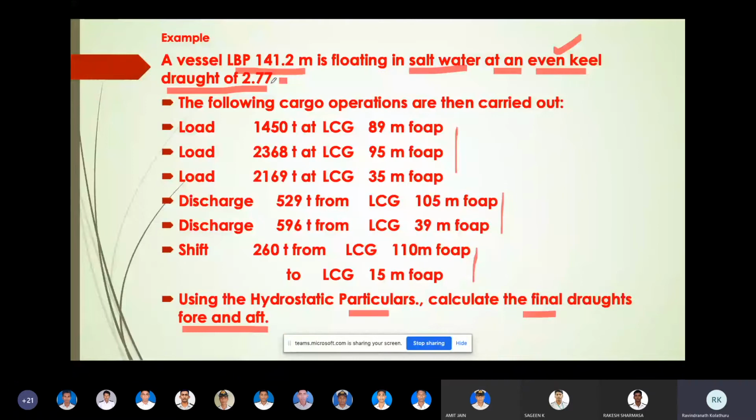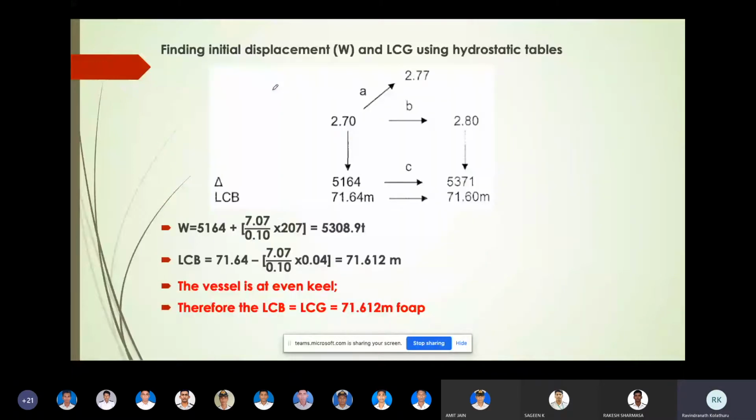So to gather the initial data with 2.77 draft, I will go into the hydrostatic tables and find out some values. Now you see this interpolation thing, which I told you in the previous ones, you can combine 3-4 interpolations into one. Because for 2.7 and 2.8, you're going to find out two values.